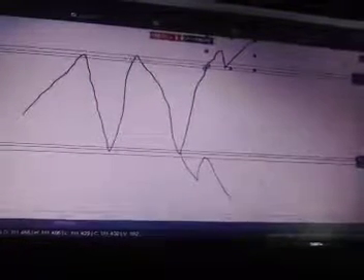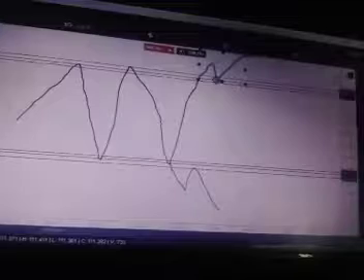So if the market breaks this level and gives you a confirmation to go down, then in this same level you may predict the market to go up from here, because the market broke this level and came back to it.